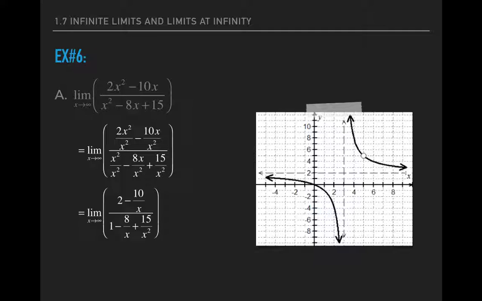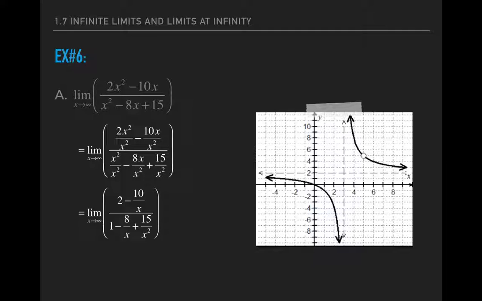Now, we are trying to figure out what happens as x goes to infinity. Let's just think here for a moment. What does infinity mean? Infinity means a really unimaginably large number.